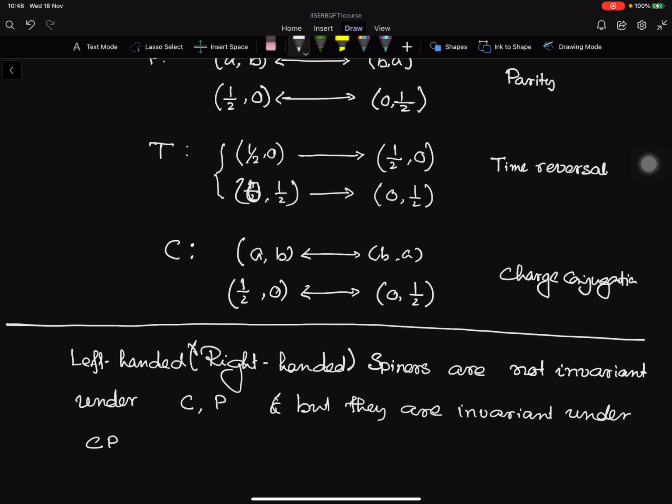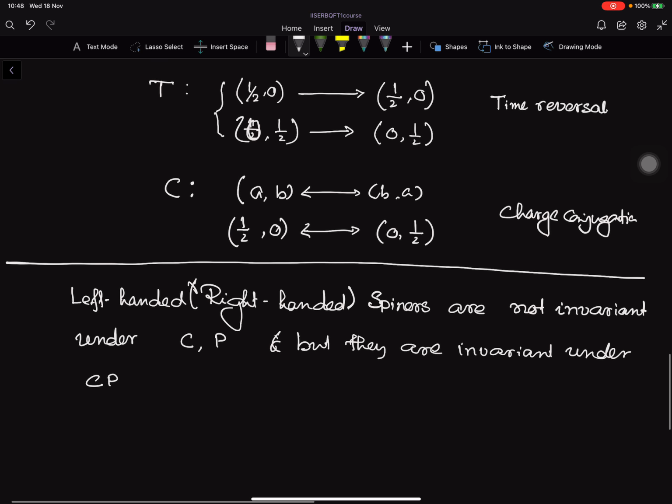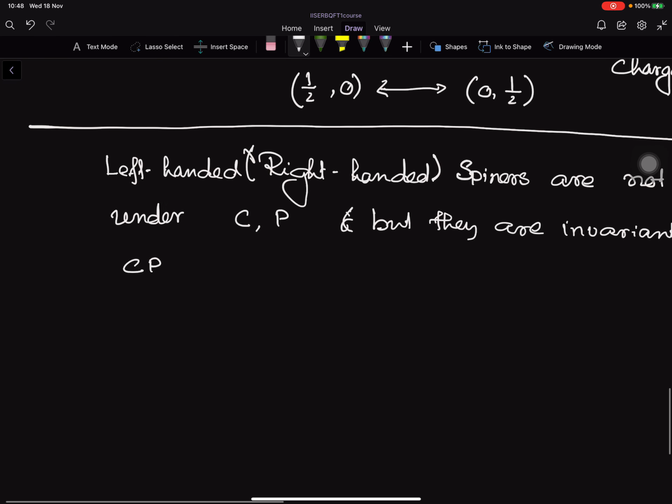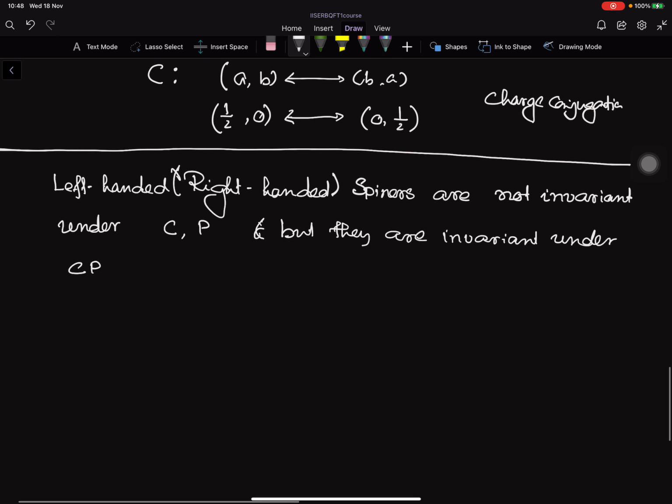Okay, and later we will see that even if the spinors are invariant, when you put in interactions, the only discrete symmetry you can expect to be a symmetry of your theory is CPT. Neither C, nor P, nor T, nor any two combination of them, CP, PT, CT, is preserved by interactions; the only one preserved is CPT. So this is the CPT theorem.